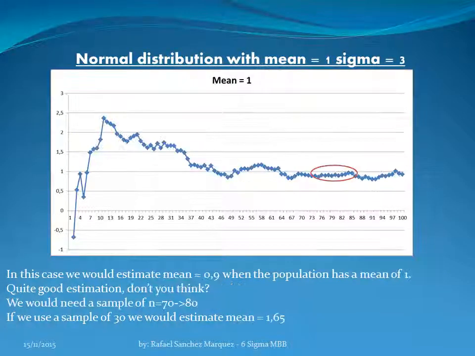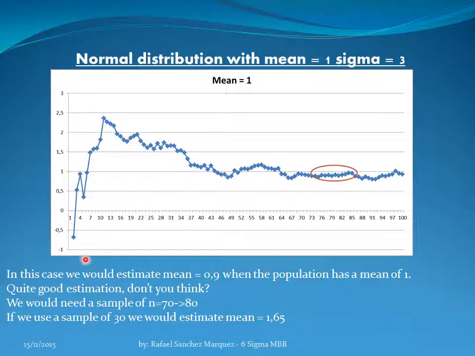In the same way, this is another example for the mean. This is a different distribution of mean equals 1 and sigma 3. The standard deviation is 3. So we would need more data points because the variability of these measurements is bigger than in the example shown before.